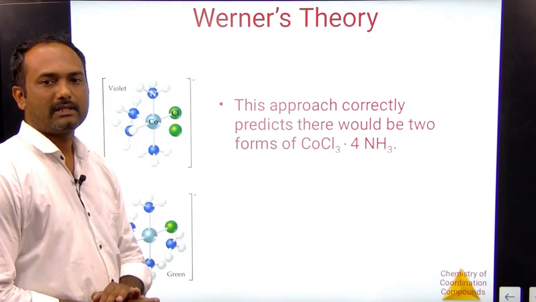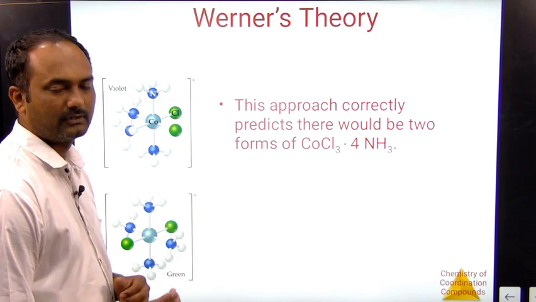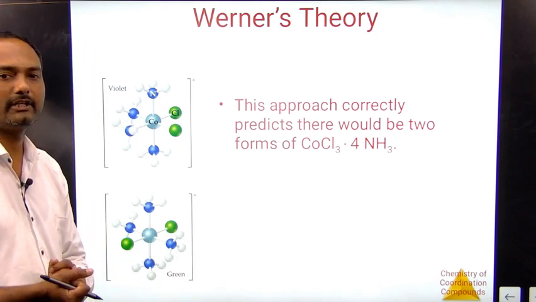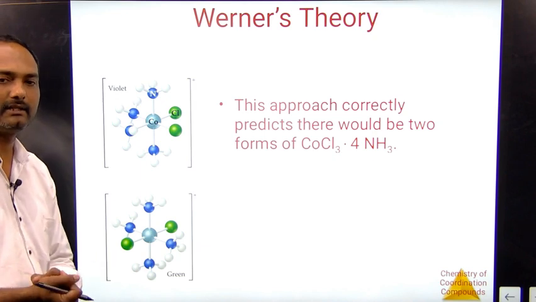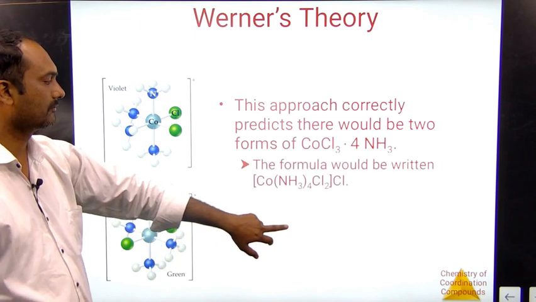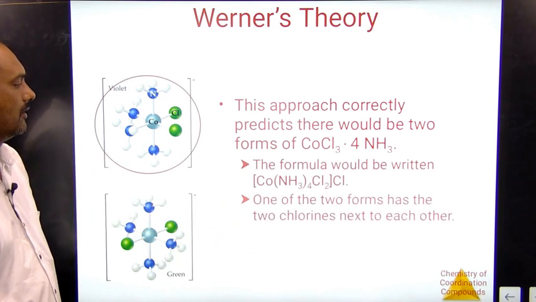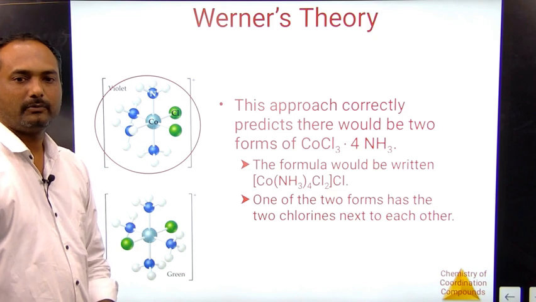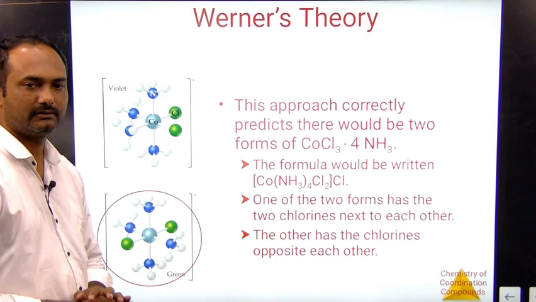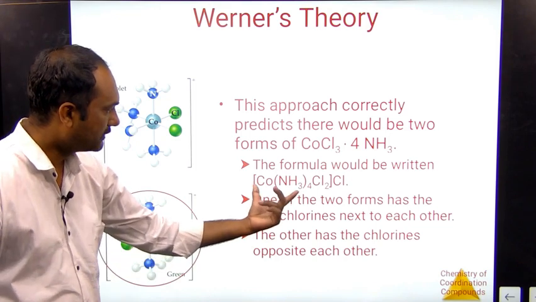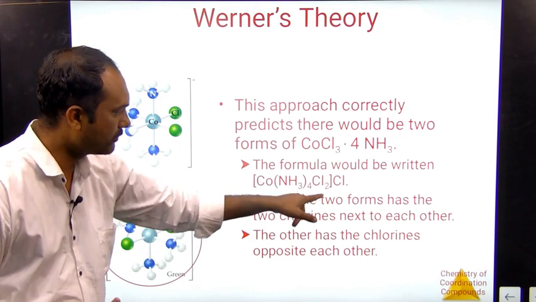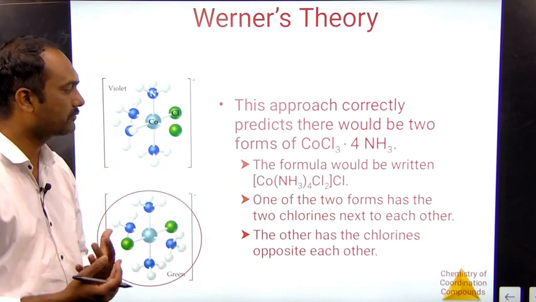Okay, this approach is quite correct, as it predicts how there will be bonding between the central metal atom and the ligands. Here we have one formula written in this format: cobalt, and in this square bracket there are two different types of ligand.